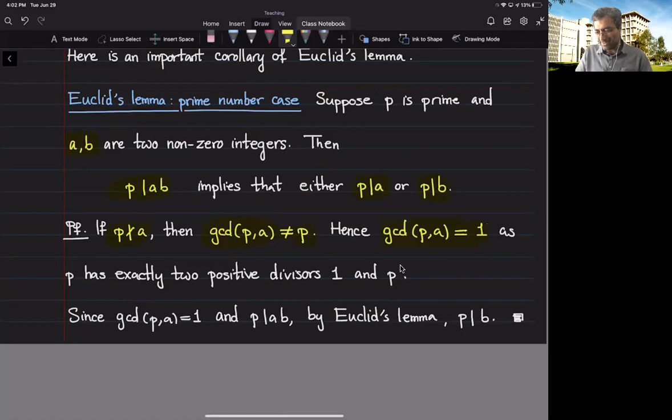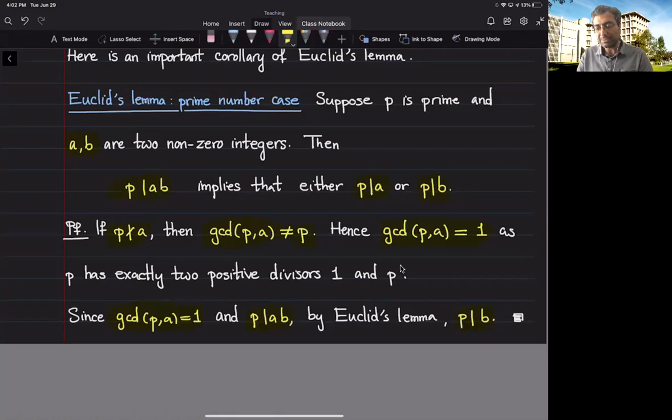So if p is prime and doesn't divide an integer, then they are coprime. Okay. Now p and a are coprime, and p divides a times b. By Euclid's lemma, I can disregard a, and p divides b, and that's exactly what we wanted to show.